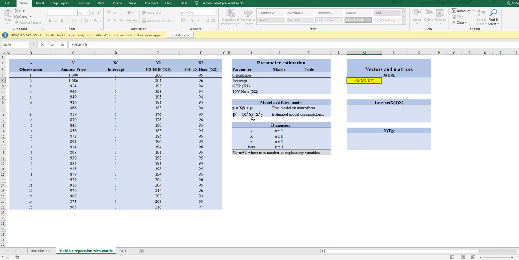MMULT, and we need to transpose the first X matrix like this, and we will multiply it with X like this.